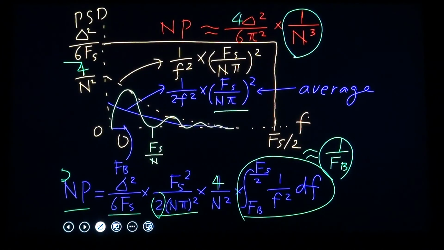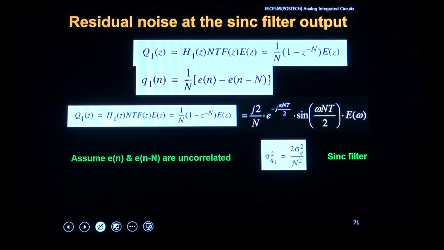This is 4 over 6, 2/3, with pi squared being around 10. So this is slightly smaller than the impulse response case. Anyway, we got 1 over OSR cubed in both analyses.